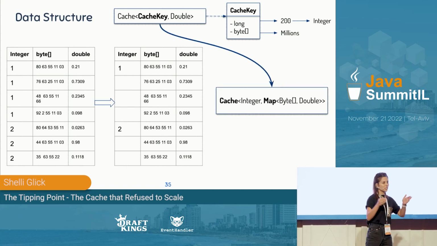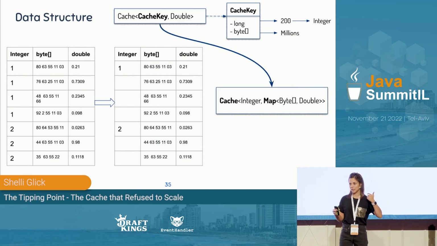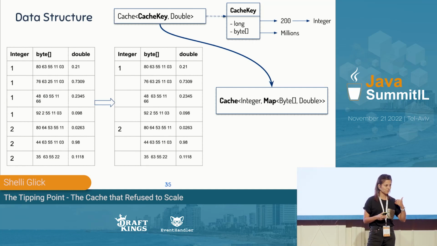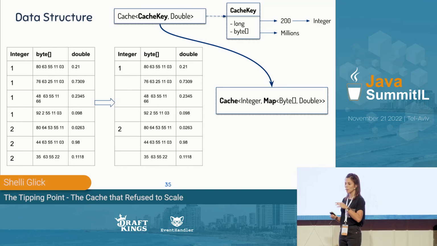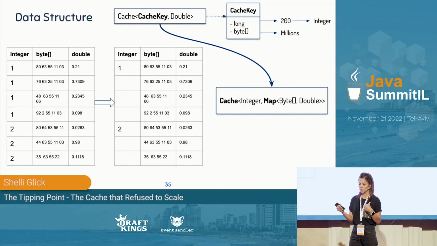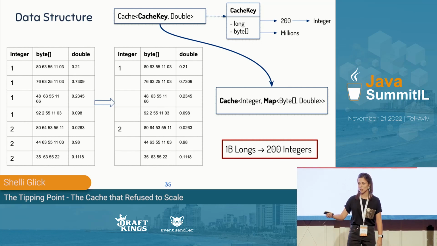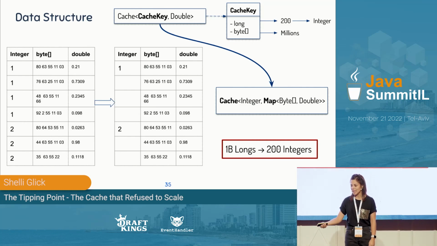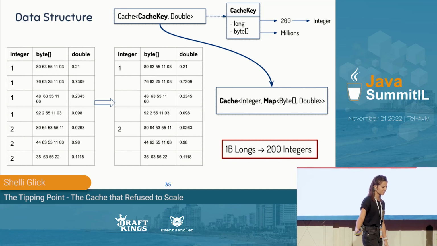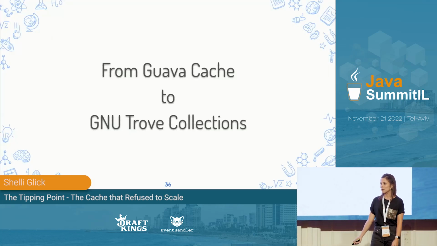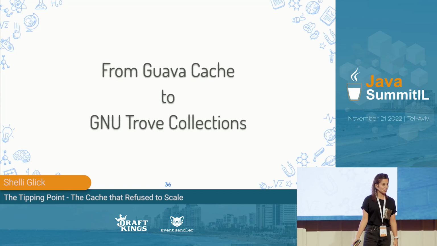So we split our cache into 2 layers: an outer layer with an integer as key, holding only 200 rows, and an inner layer, a byte array as key and a double as value, with millions of rows. Basically, we went from having 1 billion longs to only 200 integers. 1 billion longs is 8 gigabytes, but these aren't even primitives, so it's a lot more than that. So we're happy with our data structure and the object we chose.